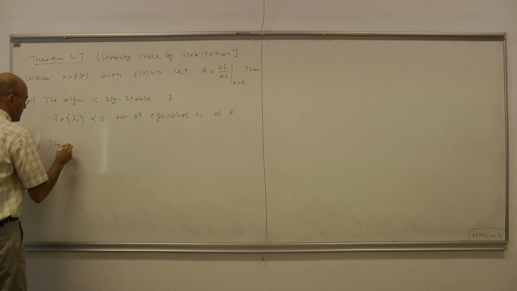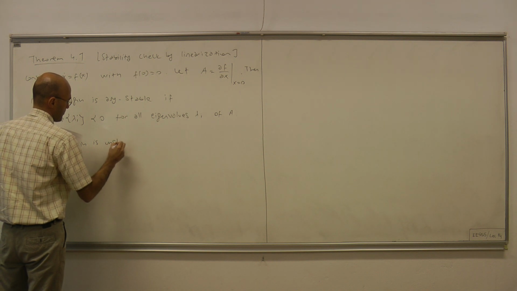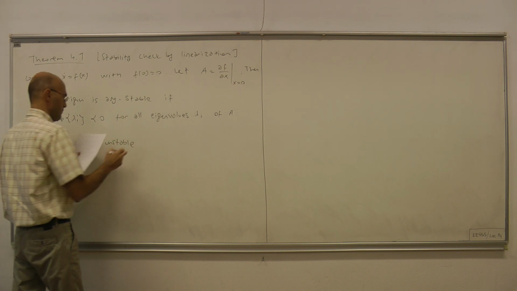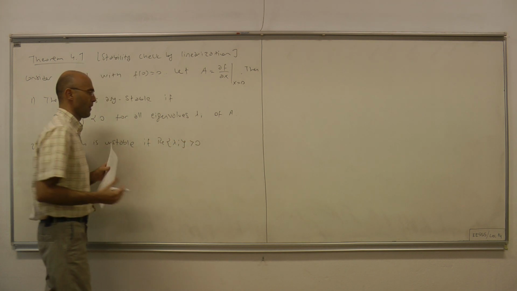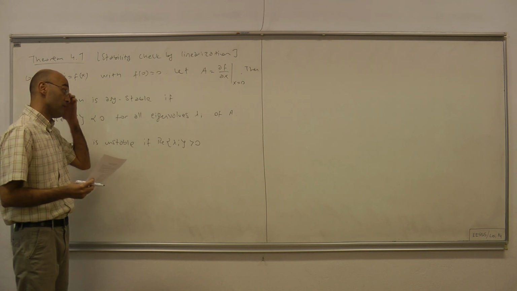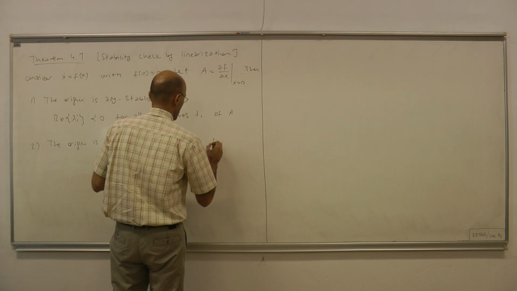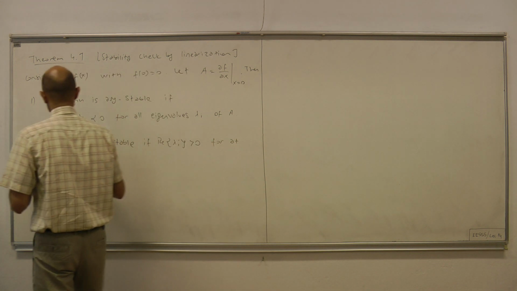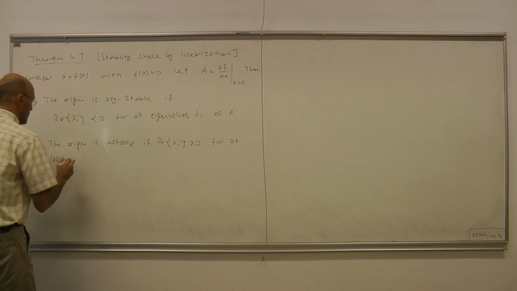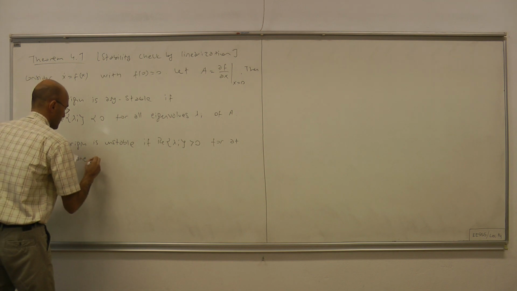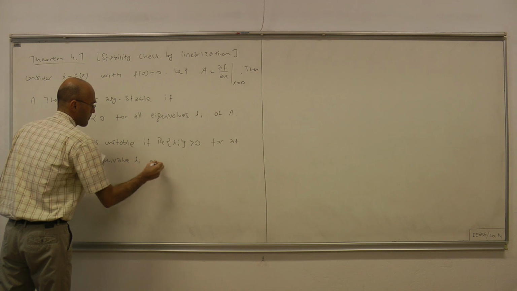The origin is unstable if the real part of at least one eigenvalue of A is positive.